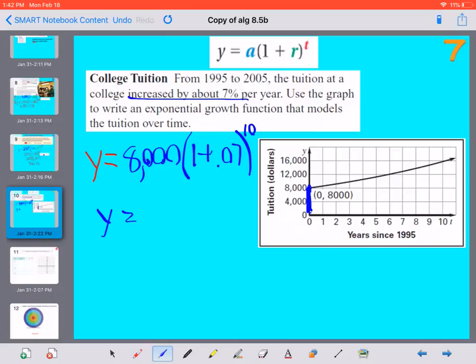Over 10 years, it increased to $15,737.21. So in 1995 it started at 8,000. Now in 2005 it's $15,737.